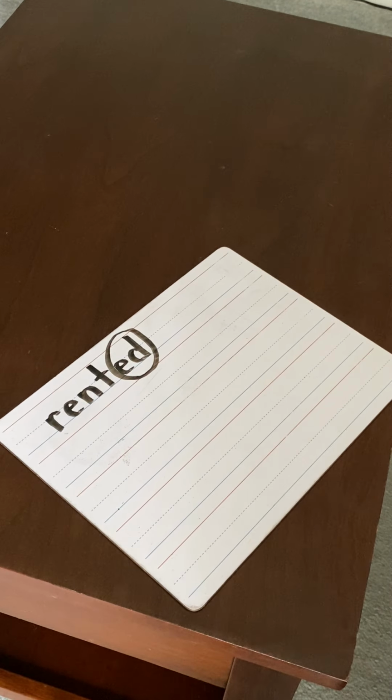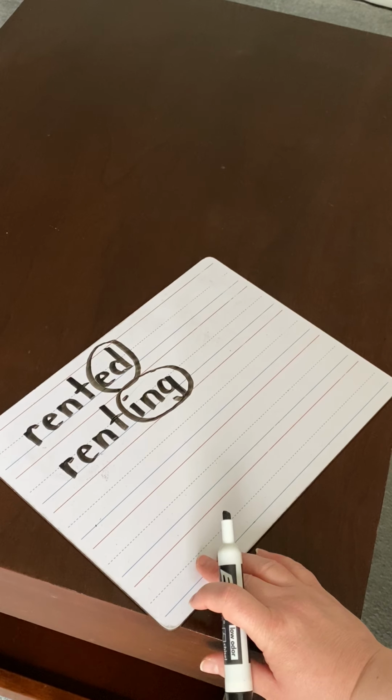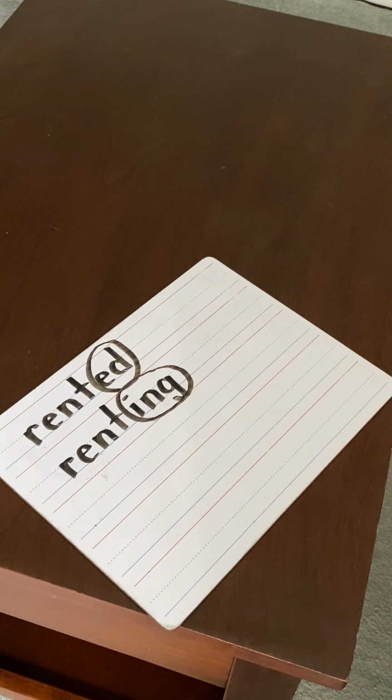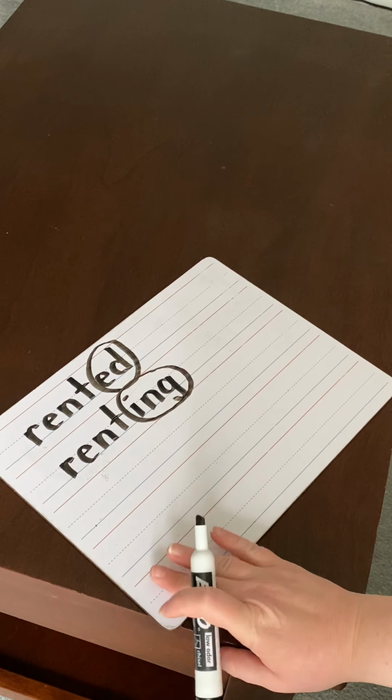It's the same thing, except when you add it to the end of a word, it means that something is happening now. So I am renting a boat to go out fishing. I'm going to rent that boat right now so that I can take it out and go fishing. I am renting a boat, or I am renting my apartment.